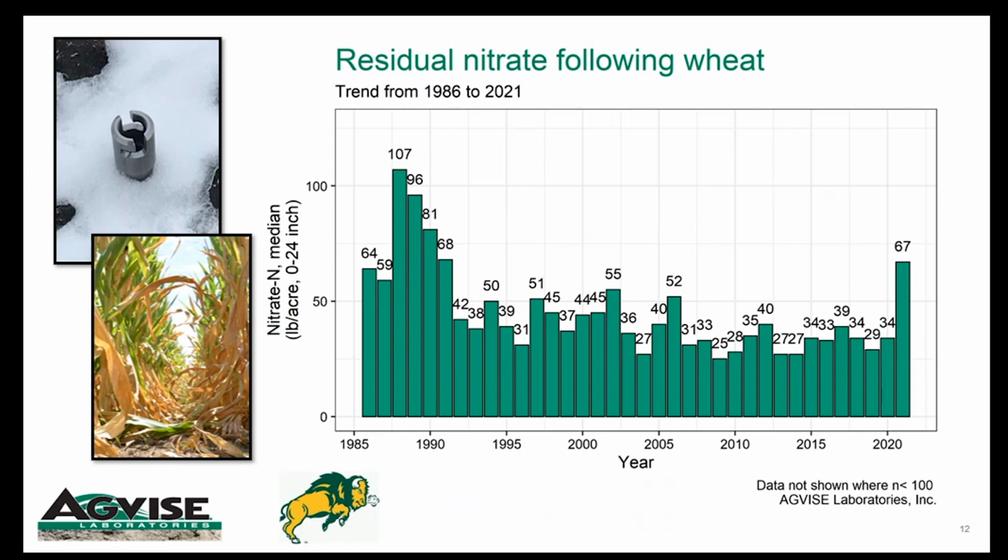And you can clearly see the value of our nitrogen soil test in the fall of the year. This bar right here is 2021. This is the residual nitrate following wheat in the 0 to 24 inch, 67 pounds, whereas in a more normal year with nitrogen testing, it's quite a bit lower. So our nitrogen test here has value.